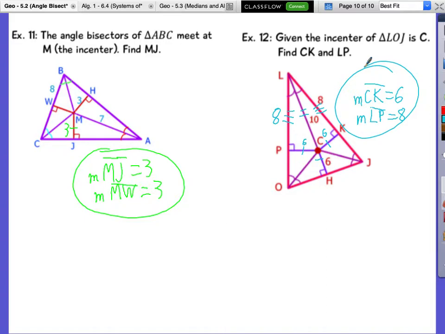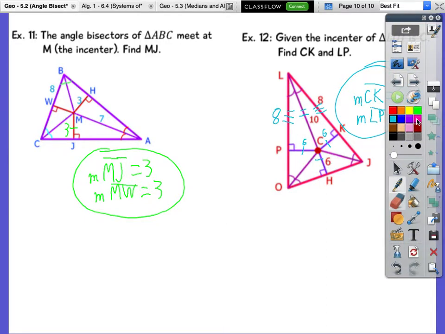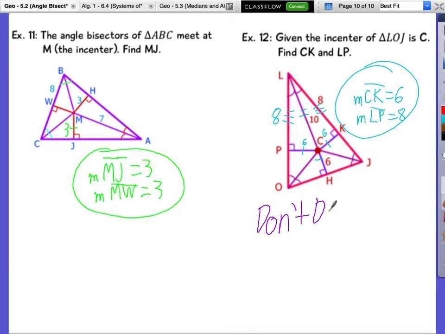Okay, so the don't do's here. 8 through 11.